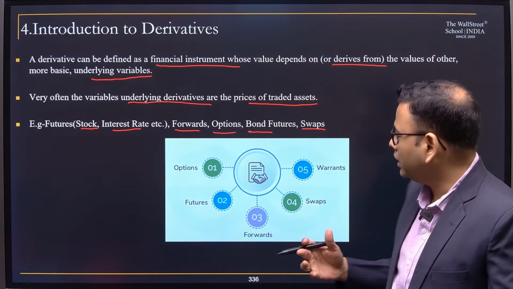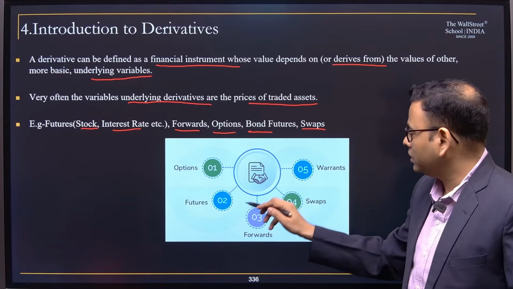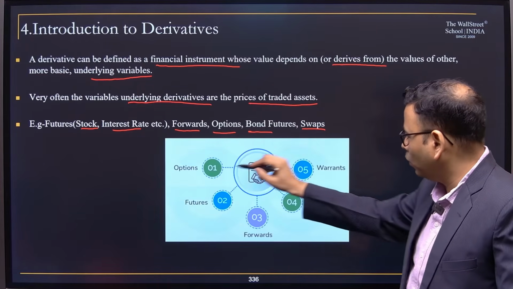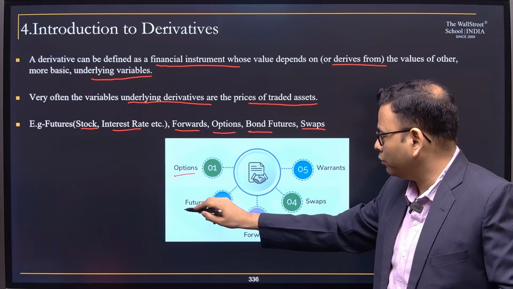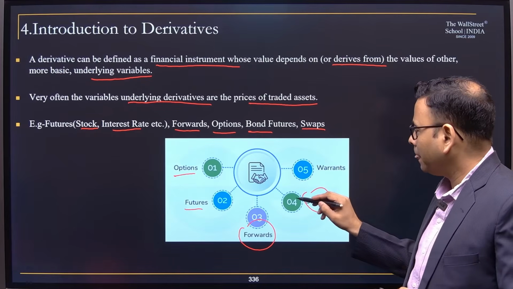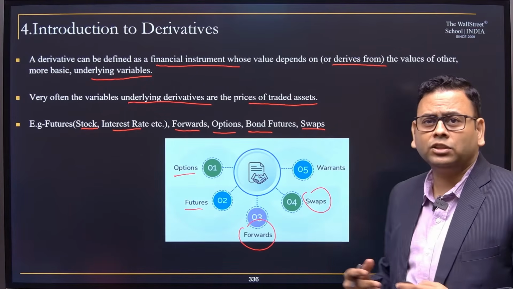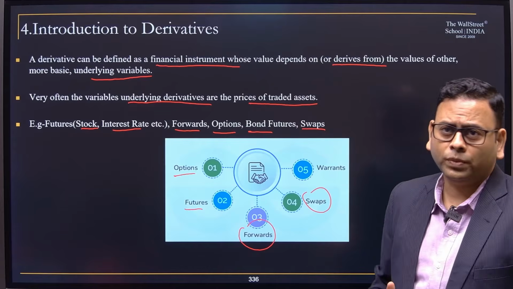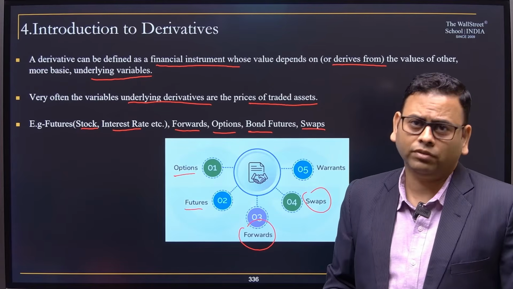So, essentially your derivatives would be covering mostly options, futures, forwards and swaps. And one more thing which we will be covering would be fixed income derivatives.